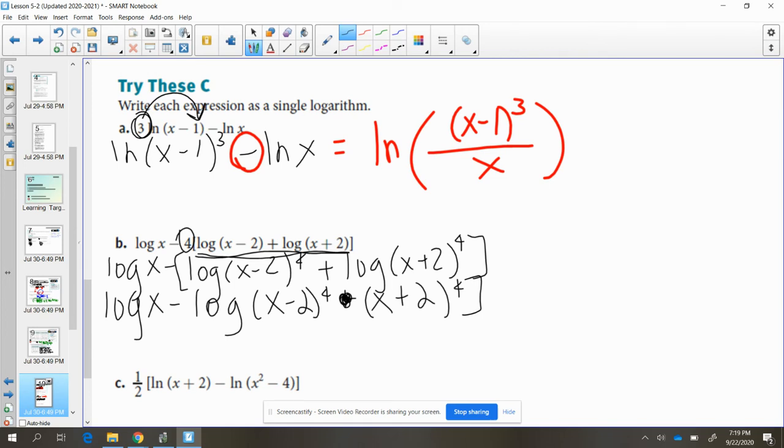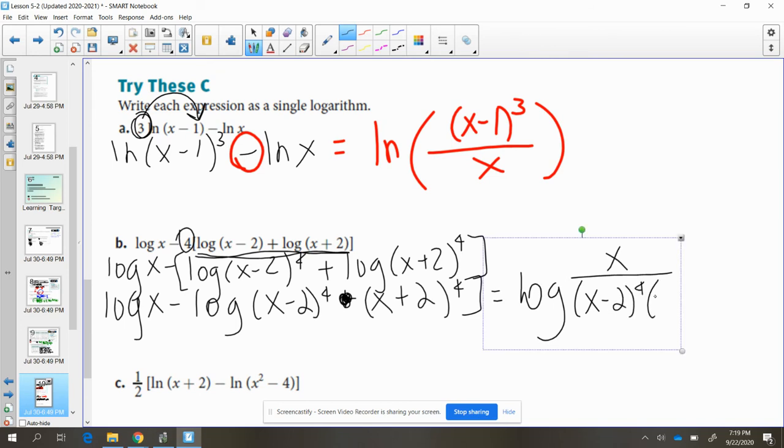Finally, to rewrite this as one singular log, we have log of x and then the minus, so log of x over (x minus 2) to the fourth times (x plus 2) to the fourth. And then we have that written as one log. And again, we could officially simplify a little bit more inside of here, but we're just going to let it go for now, okay?